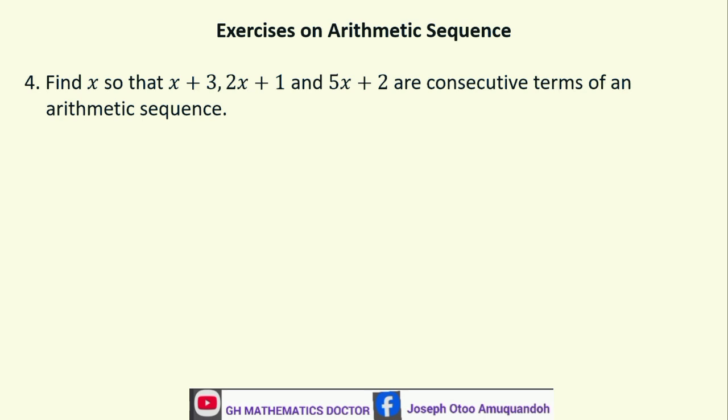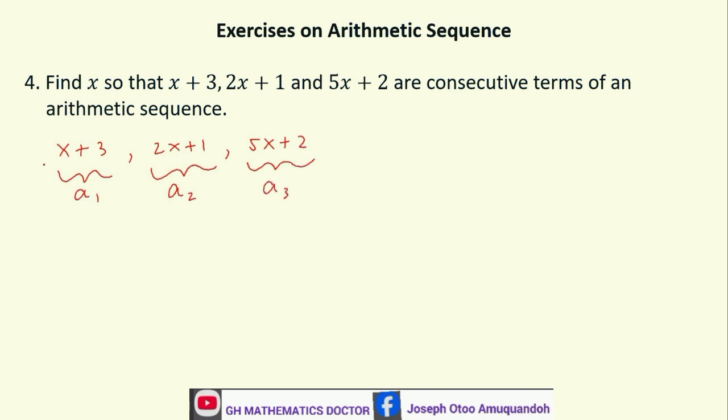the fourth example. In this case, you are supposed to find the value of x in these consecutive terms. So you are going to use the strategy of the common difference. So the strategy says that the difference of the first two terms should be equal to the difference of the next two terms. So we have these terms as our first term, second term, and third term.